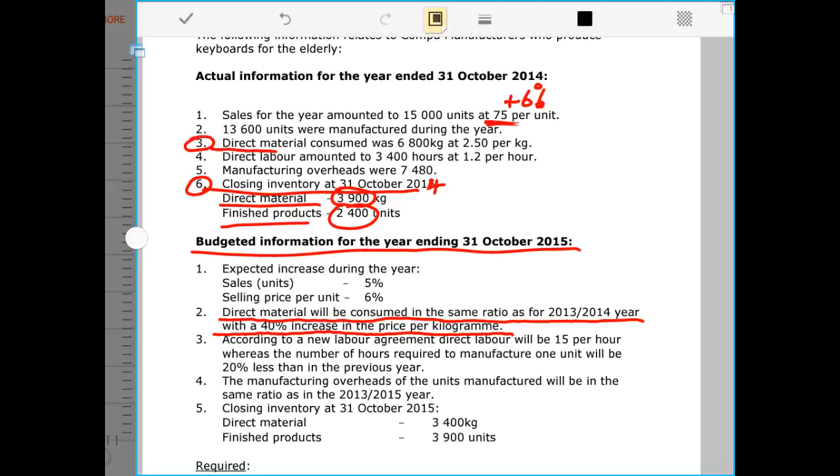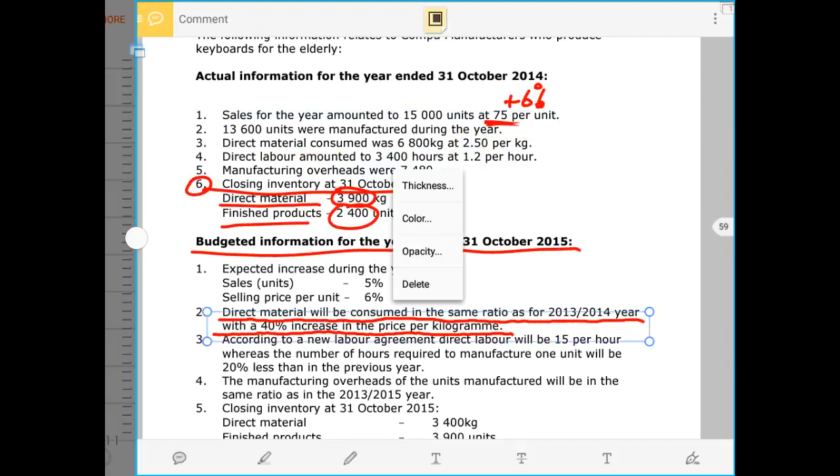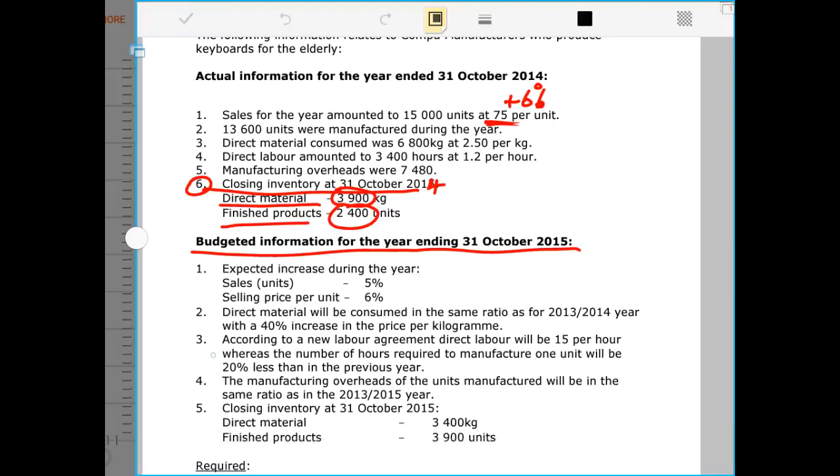We were told that direct material consumed was 6,800 kgs in total, but the cost price was 2.50. It means we just have to add 40% because we expect an increase of direct material by 40%, which is direct material per kg. Then let us continue to number 3.